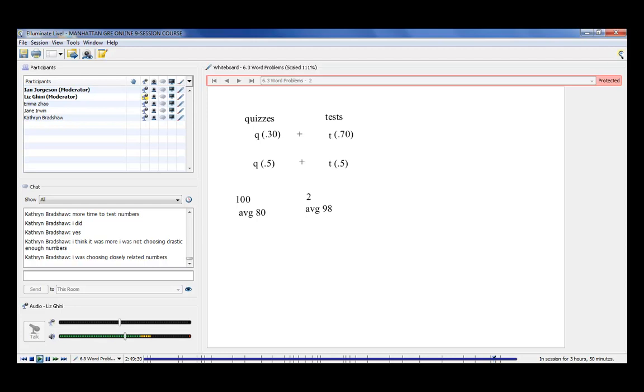I have 100 people scoring 80 and 2 people scoring 98. Where is the overall average close to? It's got to be closer to the 80. And that's the thing where you have to think about the weight. Your overall average in my formula here is going to be closer to your test average than to your quiz average. And that's the big secret to weighted averages.